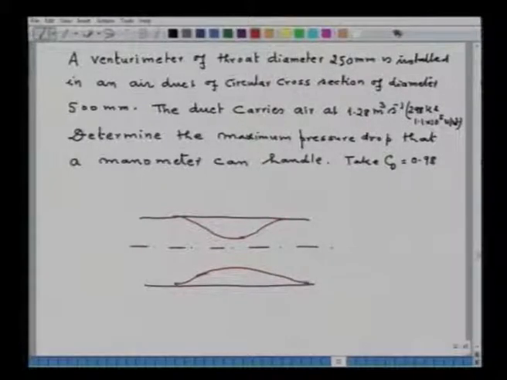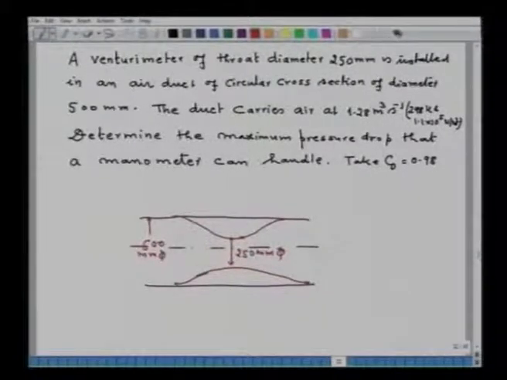This is the Venturi meter installed in a duct, and this is its throat cross section, equal to 250 millimeter diameter, and the duct has 500 millimeter diameter.